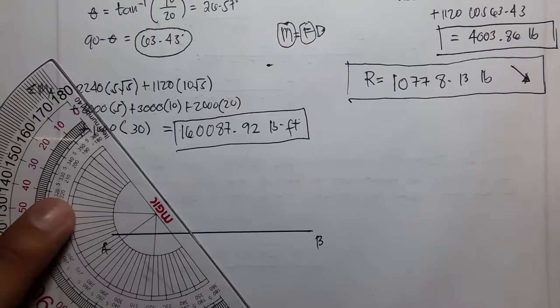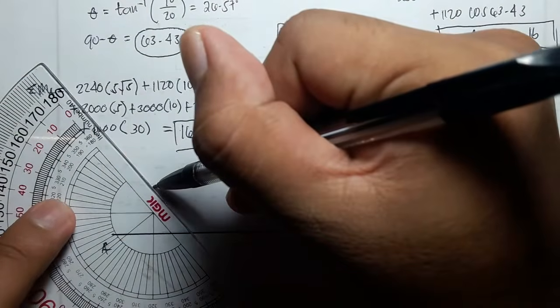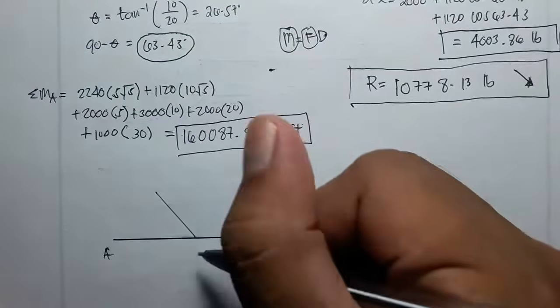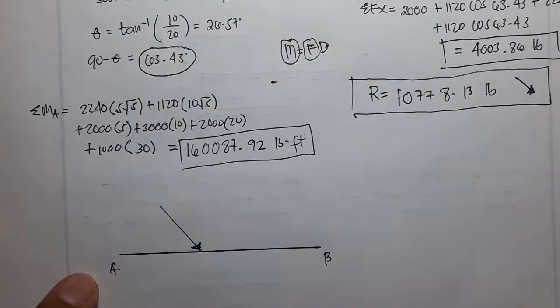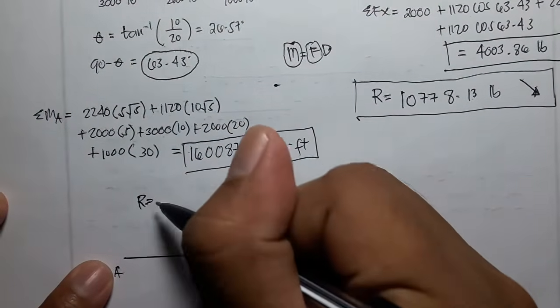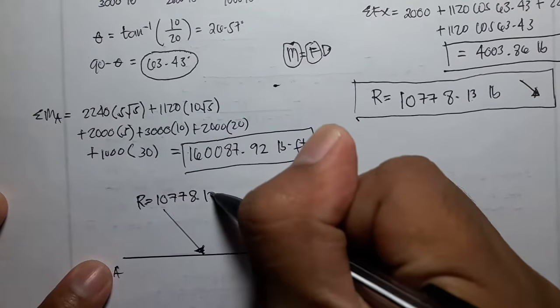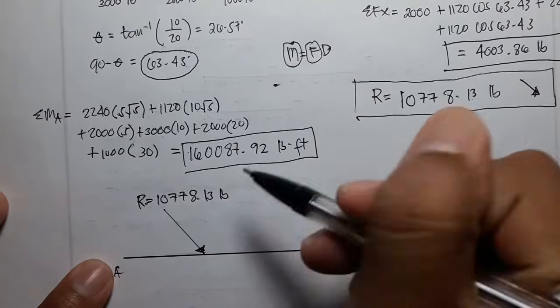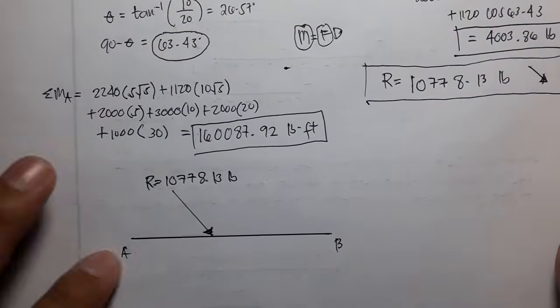So maybe we just say that the resultant is here, not really. This is just an estimation. So this is the resultant of 10,778.13 pounds, but we don't know the distance yet.